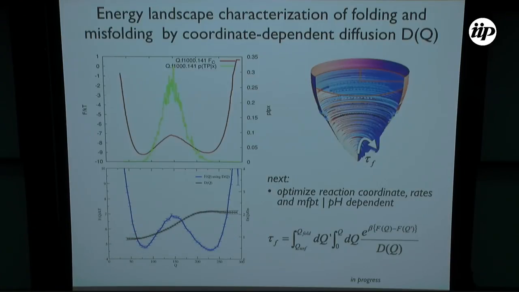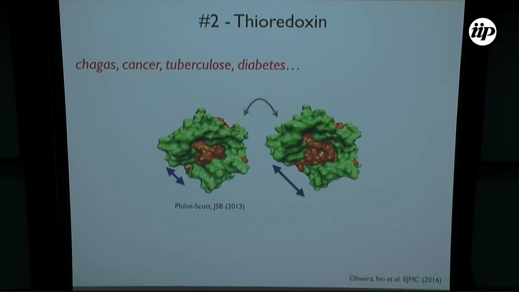I'm trying to convince you that we have to take into account D(Q) and not a constant diffusion, at least from a theoretical point of view. The other example is thioredoxin, which is related to cancer, tuberculosis, diabetes, and this type of disease.